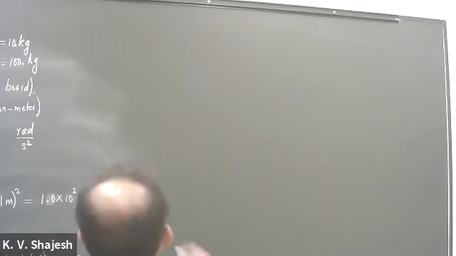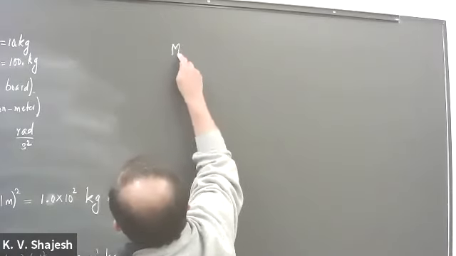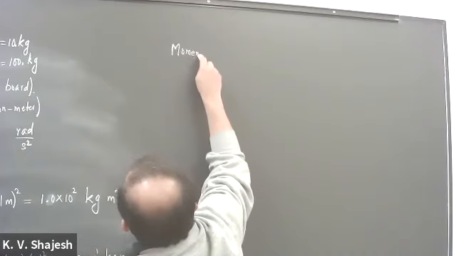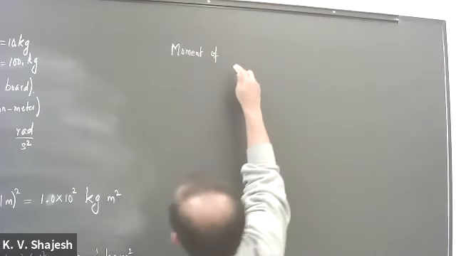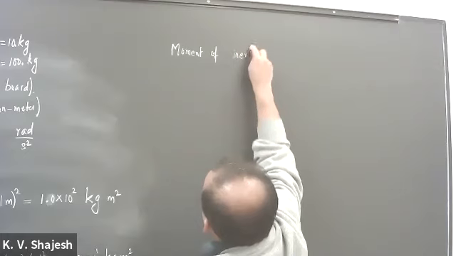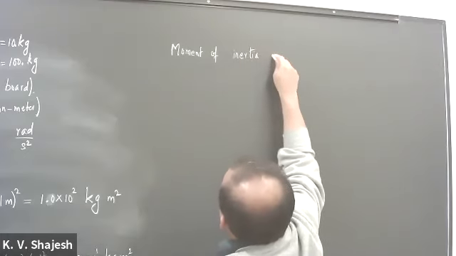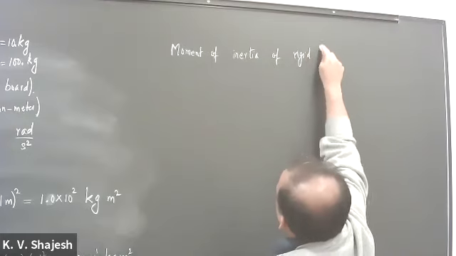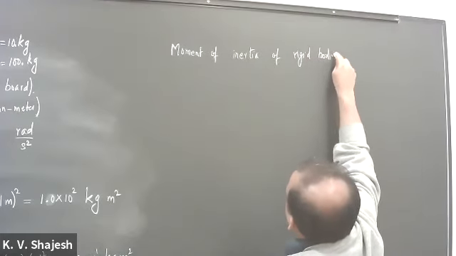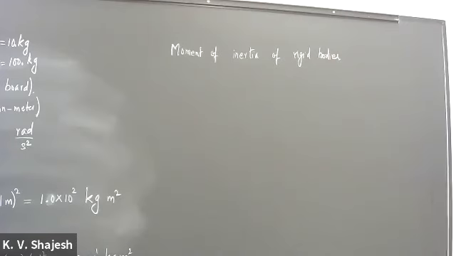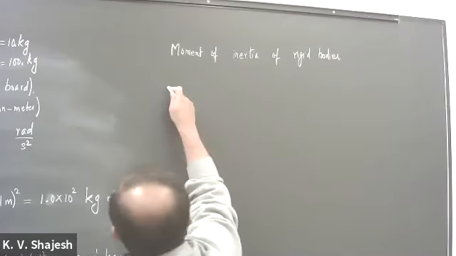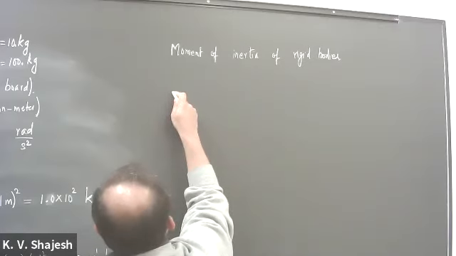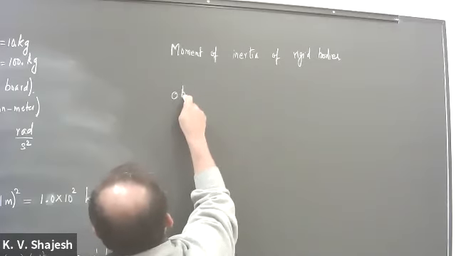So this is the moment of inertia of some rigid bodies. It depends on the axis also. So first let me say the object. So I'm going to list a few objects. So this is object.